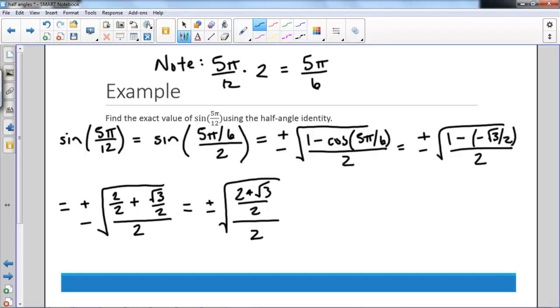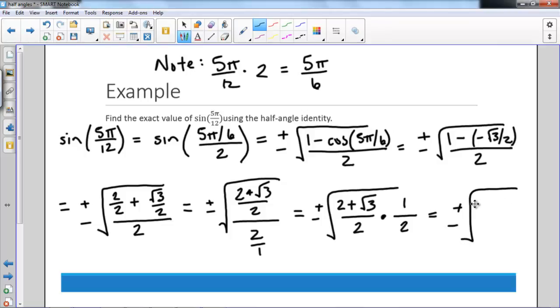Okay, now I want to get rid of this 2 in this denominator. So I can keep the first fraction, change it to multiplication, and then flip this one, which is going to make it 1/2. And now that it's multiplication, I can just multiply straight across. And I'm going to get 2 plus root 3 over 4.